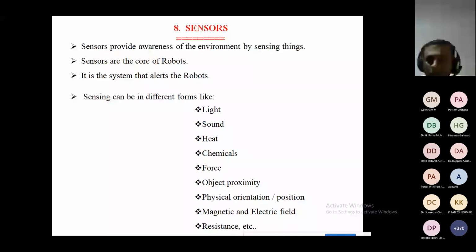Sensors provide an awareness of the environment by sensing things. It is a main part of the robot. The sensing can be through light, sound, heat, chemical, force, object proximity, physical orientation or positional sensors, magnetic and electrical fields and resistances, etc. Even voice recognition is also included.